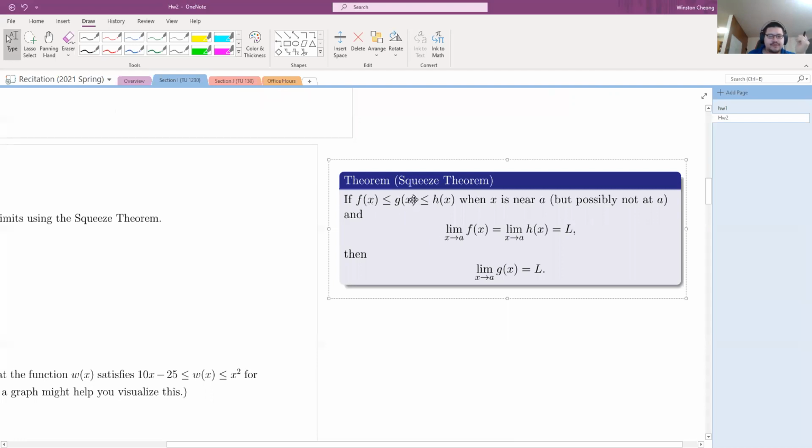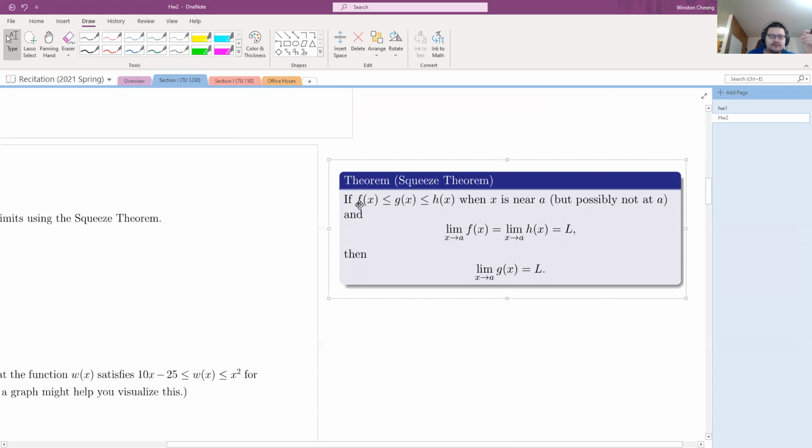What it's saying is, suppose what we're interested in is this last guy. We're trying to calculate the limit of this function g as x goes to some number a, and we want to say that it's some value L. The squeezing happens because we squeeze this function g between two other functions, f and h.